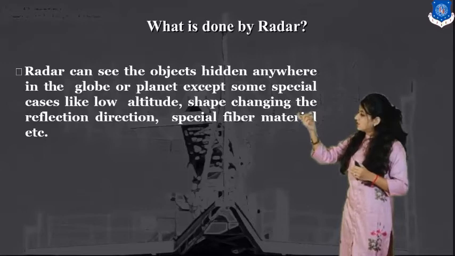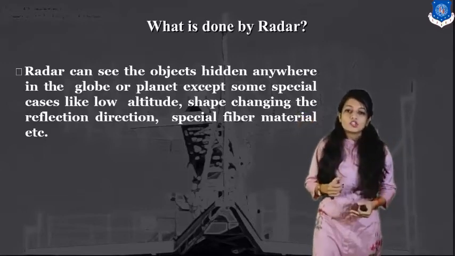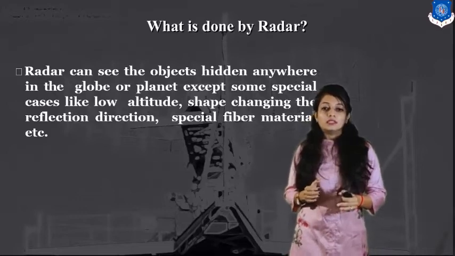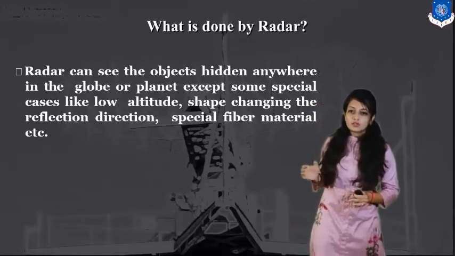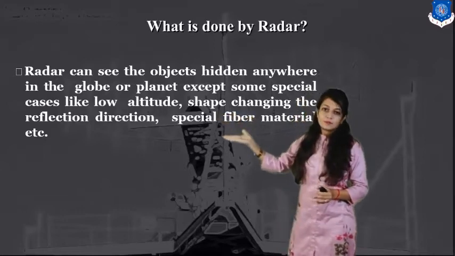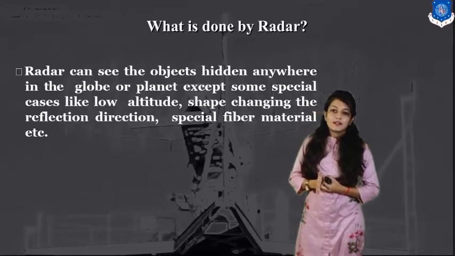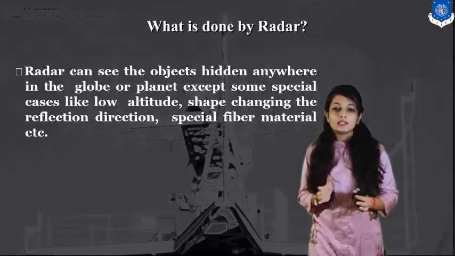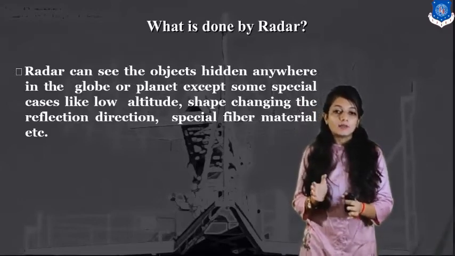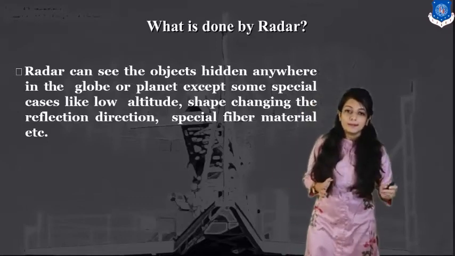The shape changing the reflection direction, and which kind of fiber material we are going to use. So these three are the spatial parameters by which the radar is able to see the objects or targets hidden anywhere in the globe.